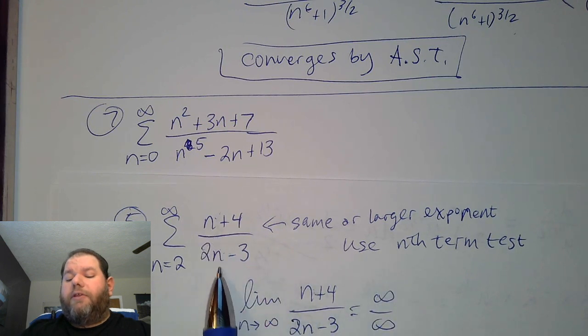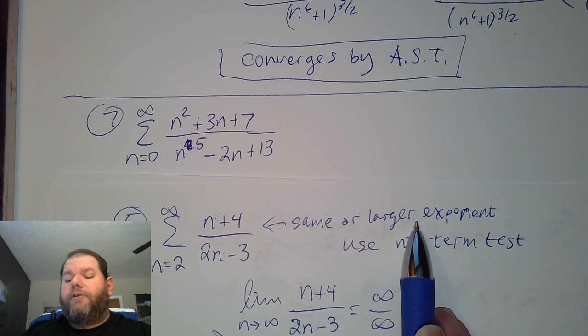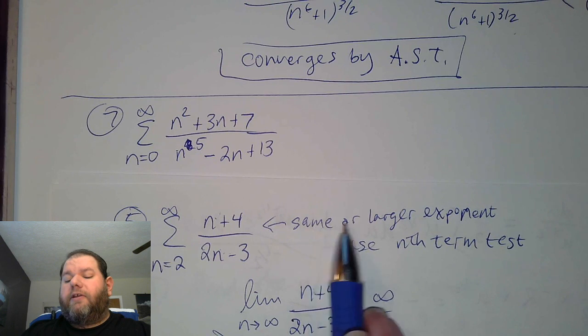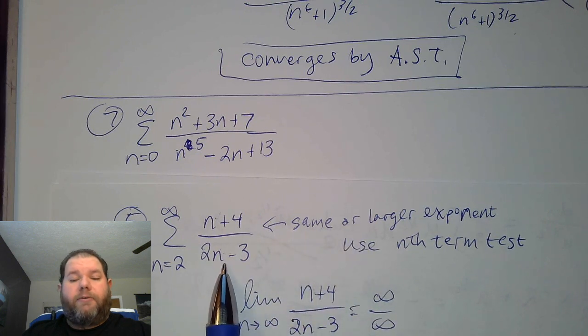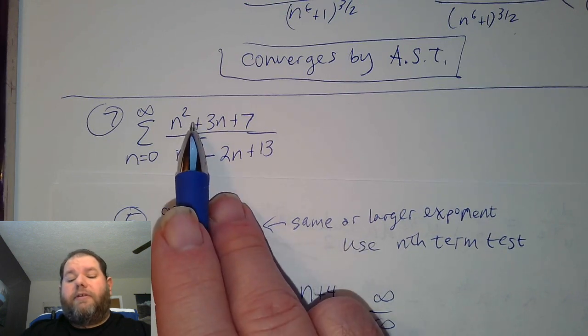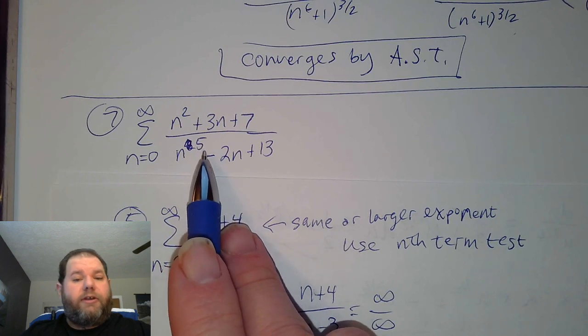That said, we use the nth term test when the exponent on top is the same or larger than the exponent on the bottom. Now, that's not the case here. The bottom actually has a larger exponent.